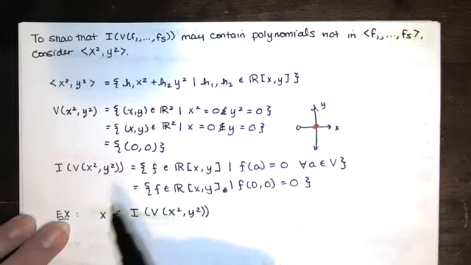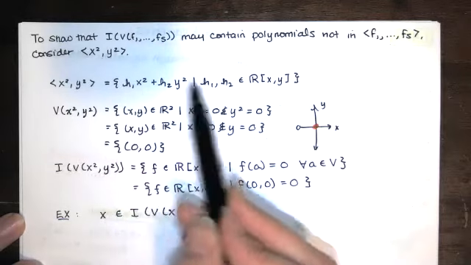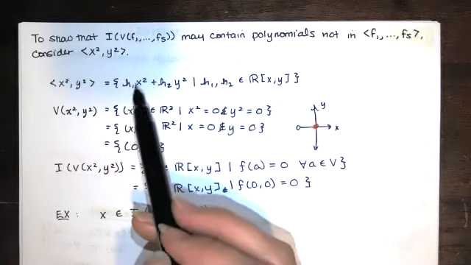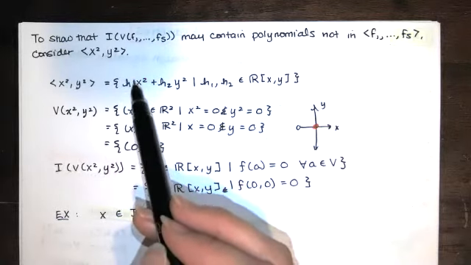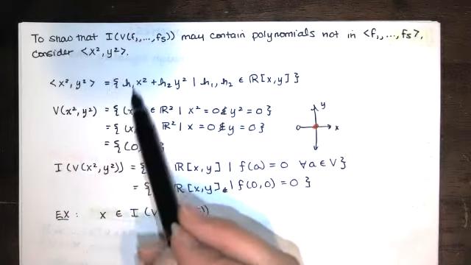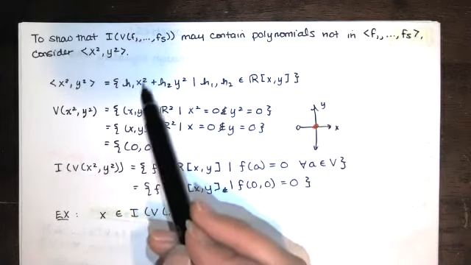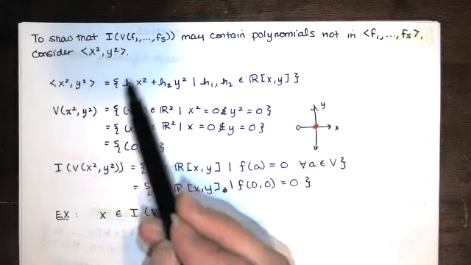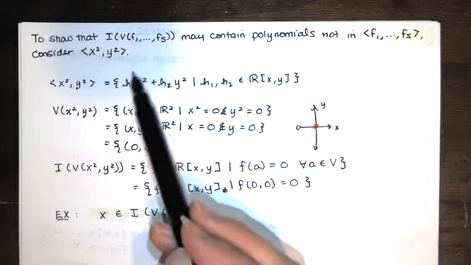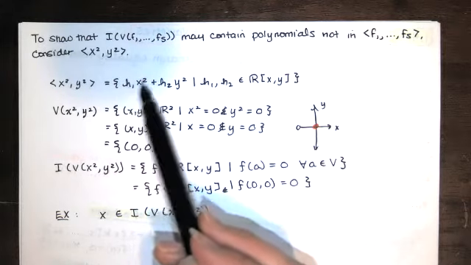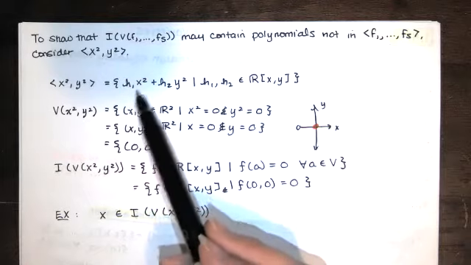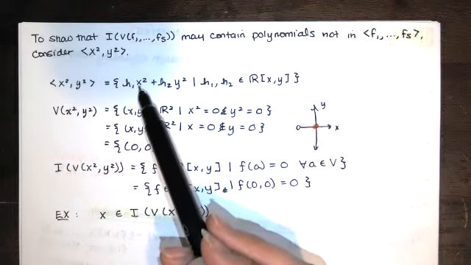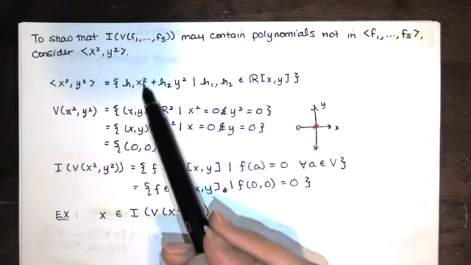But I claim that x is not a member of this set, because it does not matter which polynomial you choose from this polynomial ring. If you take that polynomial and you multiply it by x squared, every term in the resulting polynomial will have a degree that is at least 2, because even the constant term of this we're multiplying by x squared.